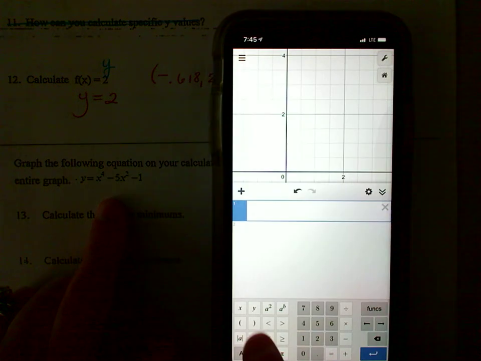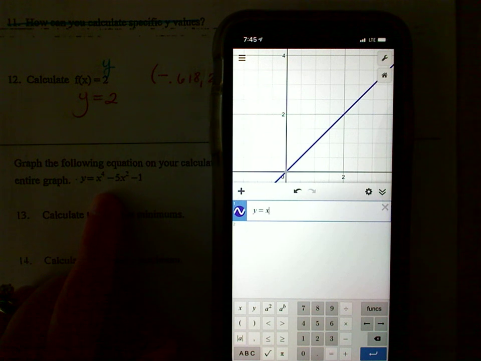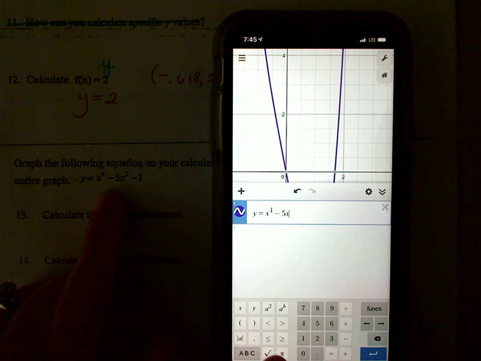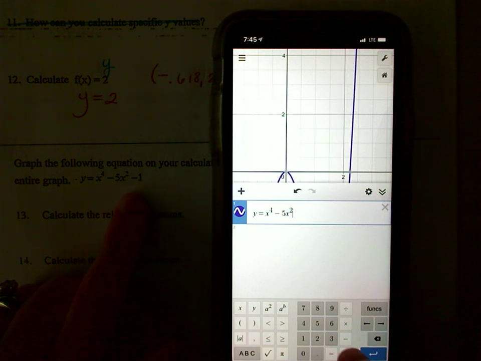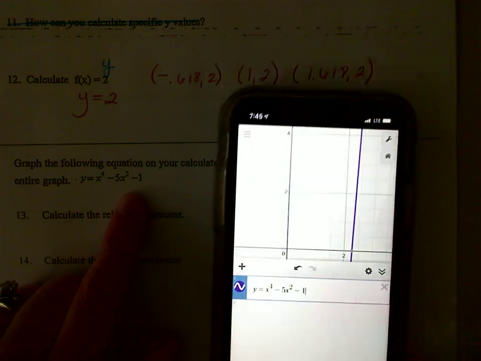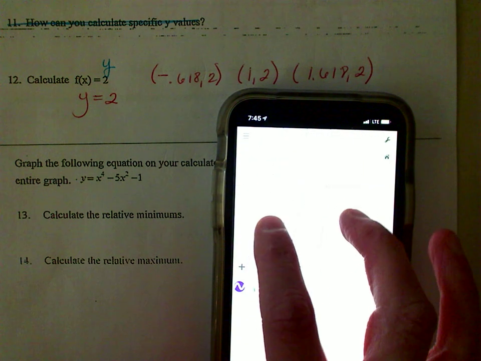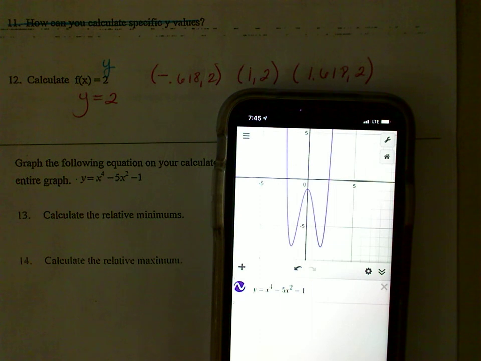So we got y equals x to the 4th minus 5x squared minus 1. All right, looks like I'm going to have to zoom a little bit. There we go, looks like a W.